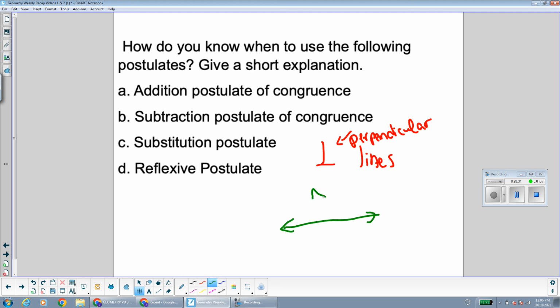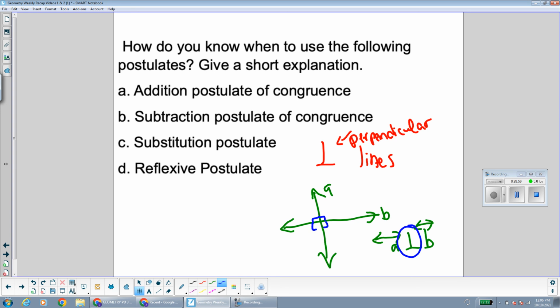So I'm going to just draw two lines here, line A and line B. And I'm going to tell you that line A is perpendicular to line B. As soon as I see this symbol, in my mind, I think perpendicular, I think right angles are being formed. So I know that where lines A and B intersect, where they meet, they form right angles.